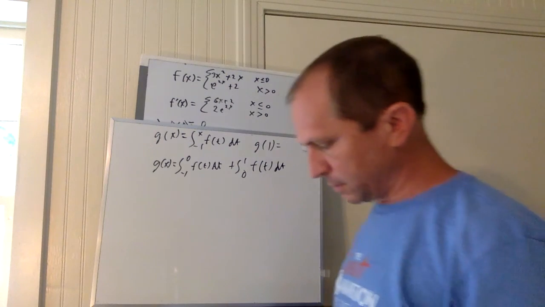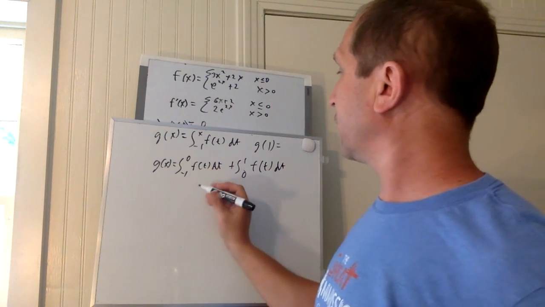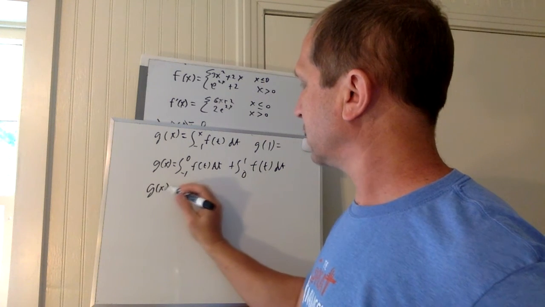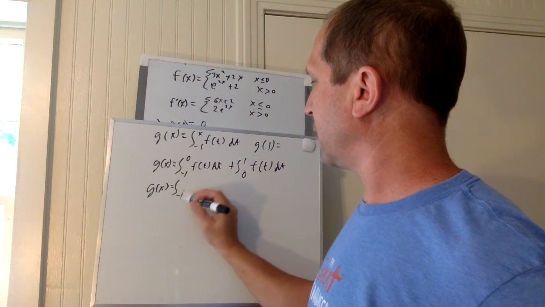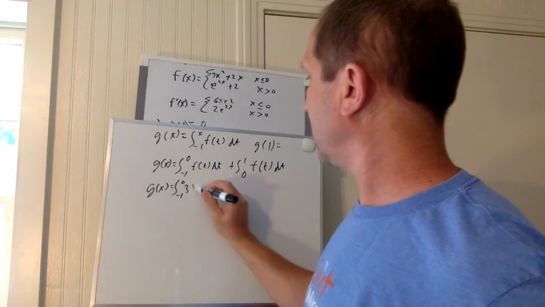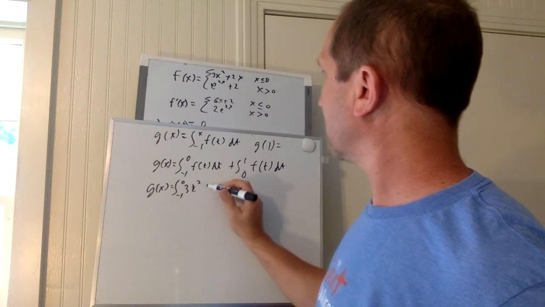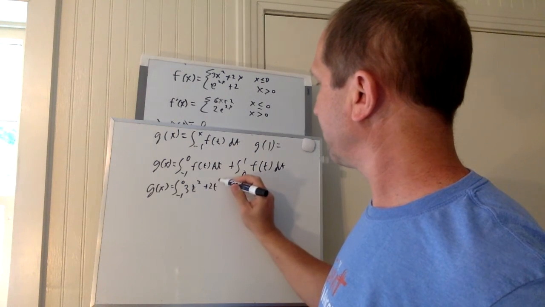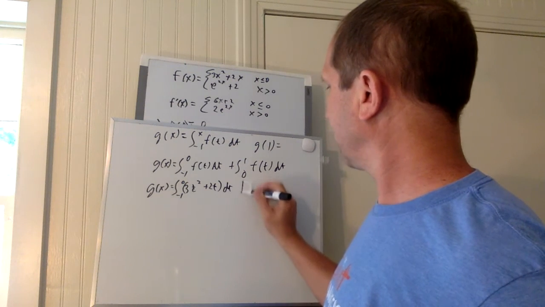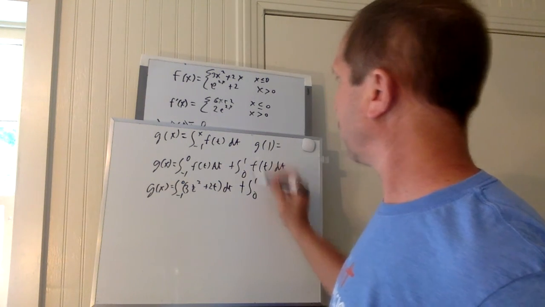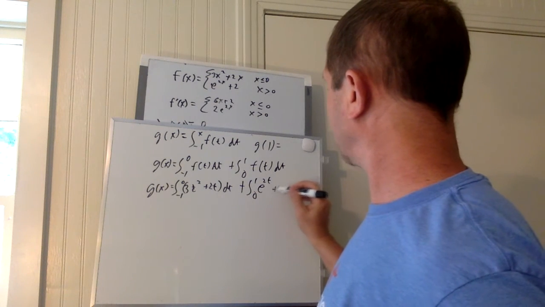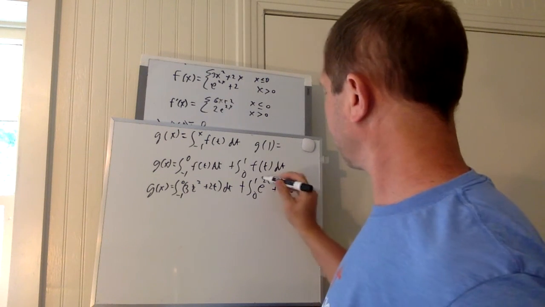So the integral from -1 to 1, okay, so we've got, all right, g of x is going to equal to the integral from -1 to 0 of, all right, that's going to be 3t squared plus 2t plus the integral from 0 to 1 of e to the 2t plus 2 dt.